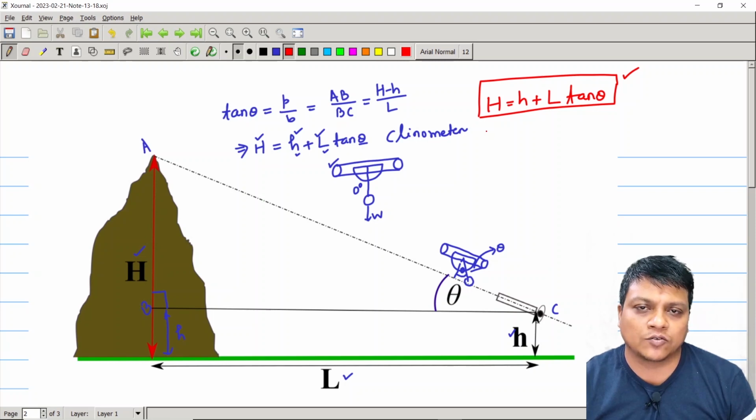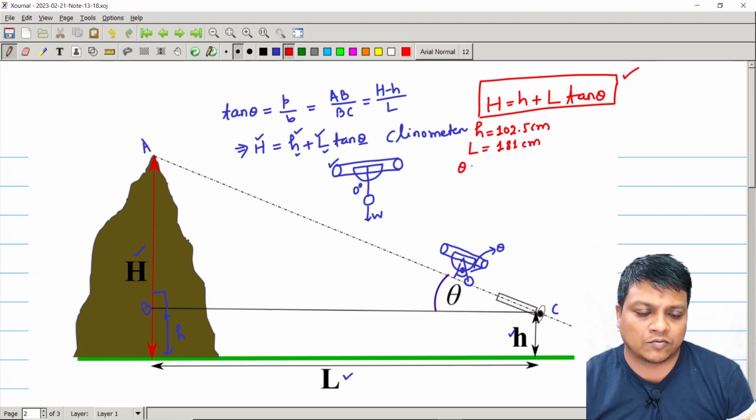Now friends, as you have the required information to calculate the height of the red dot: small h was found to be 102.5 centimeter, the horizontal distance of the eye position was found to be 181 centimeter, and the angle of elevation was measured to be 29 degree. Using the above formula you can easily calculate the height of the mountain tip: 102.5 plus 181 into tan of 29 degree.